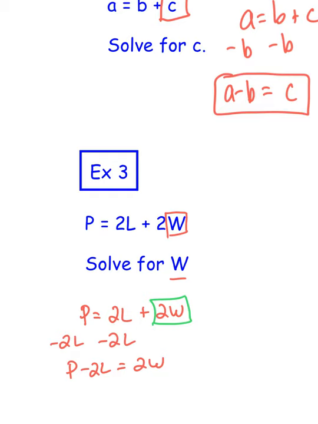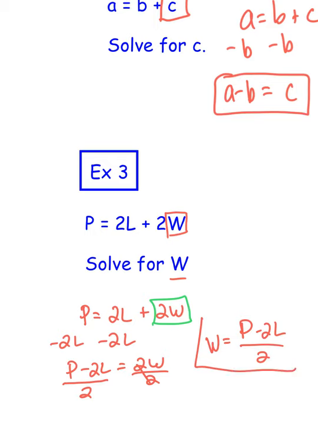And whenever you have a number next to a letter, that's implied multiplication. And so I'm going to divide by 2 on this side. And when I divide by 2 on the other side, I have to make sure that I divide everything by 2. So our answer, we're going to cancel out those 2's, is going to be W equals P minus 2L divided by 2. And you could leave it just like that.